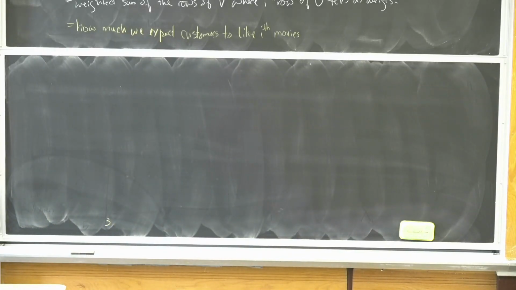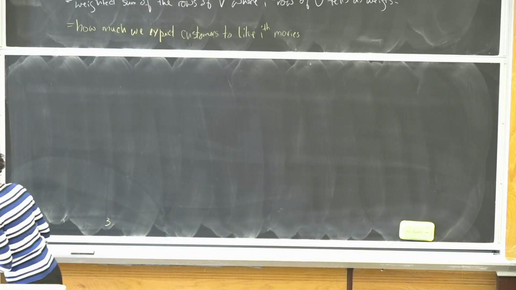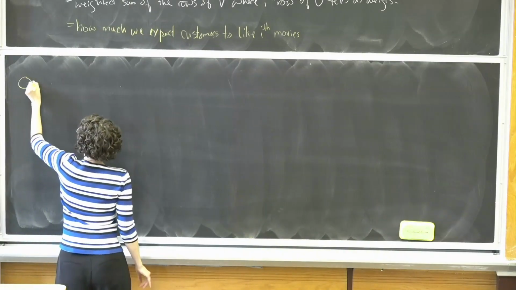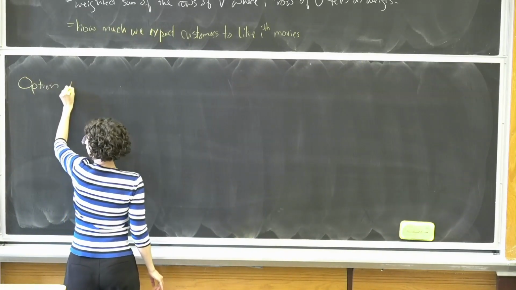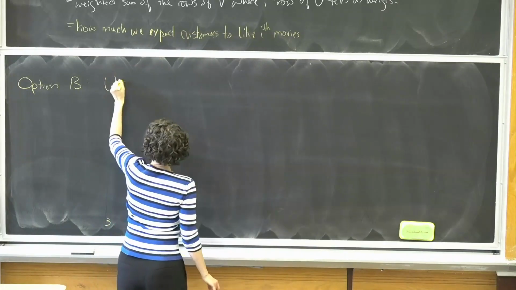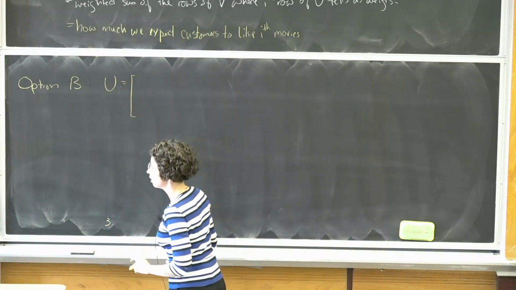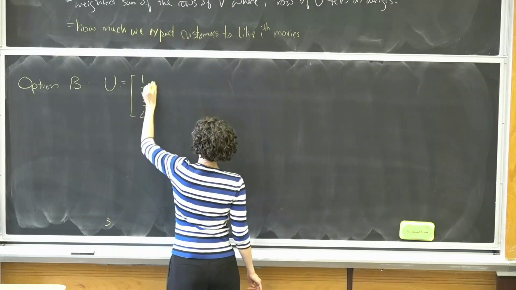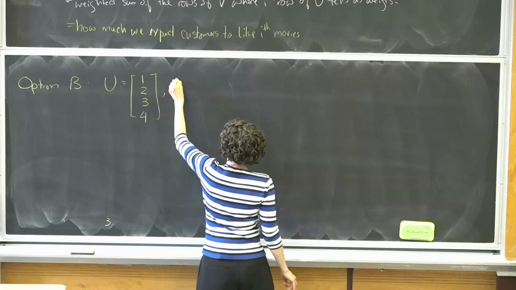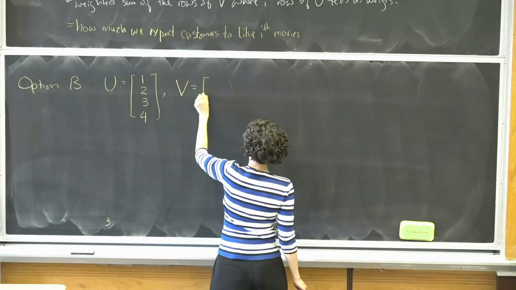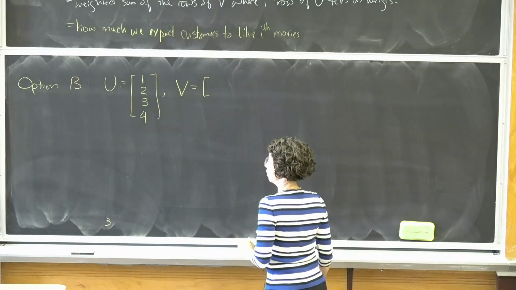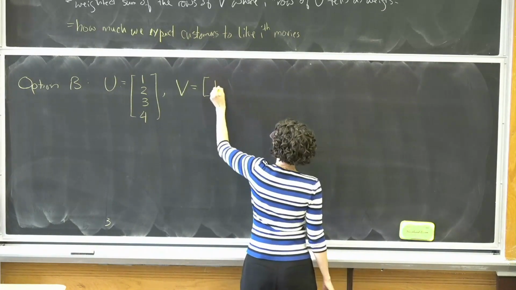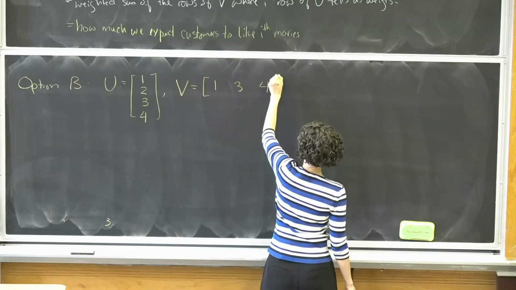All right, so in particular, I'm going to consider option B, which has U being equal to 1, 2, 3, 4, and V being equal to 1, 3, 4.